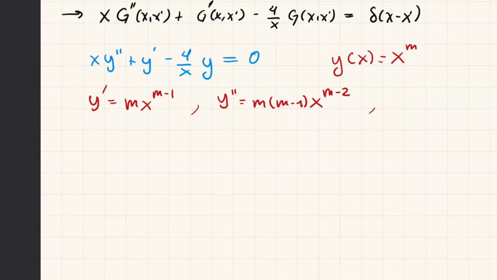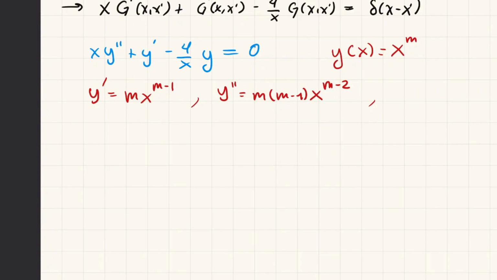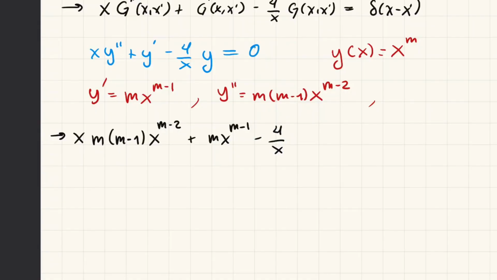We need to substitute this into the differential equation. We get x times m times m minus 1 times x to the m minus 2, plus y prime, which is m x to the m minus 1, minus 4 divided by x times x to the m, equal to 0.